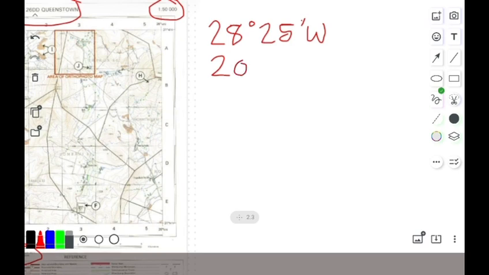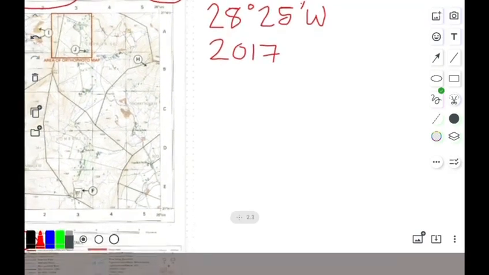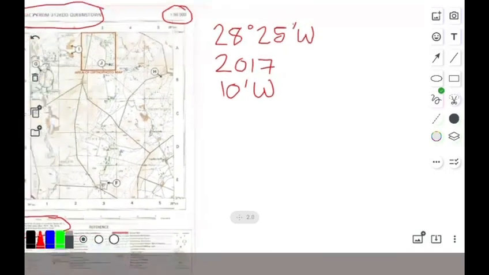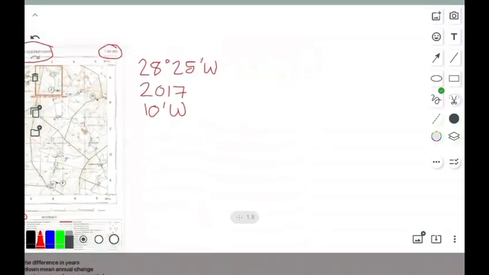It was measured in 2017, so this map was from 2017. And the mean annual change is 10 minutes west.